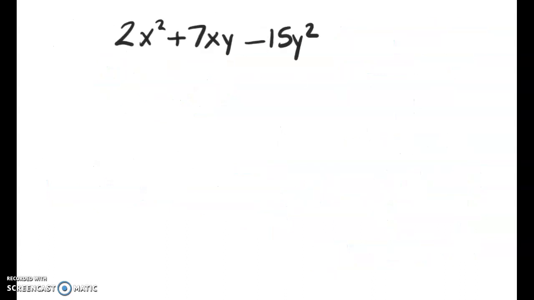And where it gets more complicated yet is when you have two different variables. So how can I work through a problem like this? What you can do first, similar to the method we're talking about, is multiply that leading coefficient by the coefficient of the last term. If I multiply those two together, I get 2 times negative 15, or negative 30.